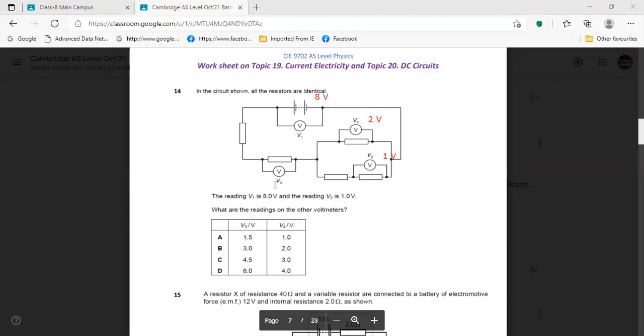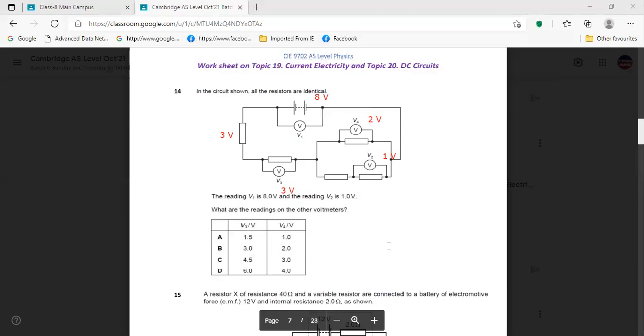You got it? Yes. This one is 3 volt also. Then 3 volt, 3 volt, 2 volt makes 8 volt.